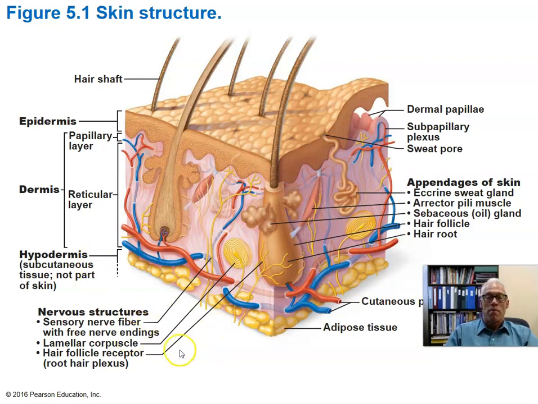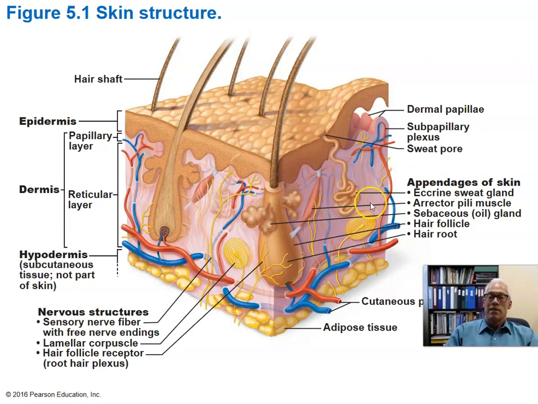We can make more blood coming from the deep, hotter regions of the body flow through the dermis, which is very near the surface, and it'll create a steeper temperature gradient for release of heat from the surface of the body. If we don't want to lose heat from the body, we can constrict all those vessels and pull all that blood flow back down within the hypodermis, this insulating layer of fat, so that the heat will remain trapped in the body. We'll see more about that later.